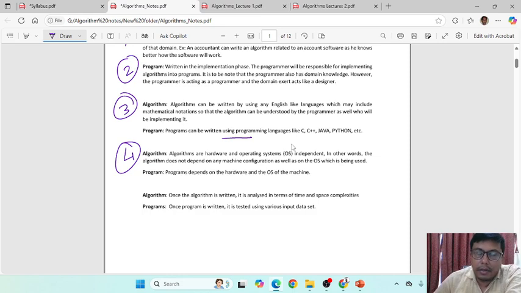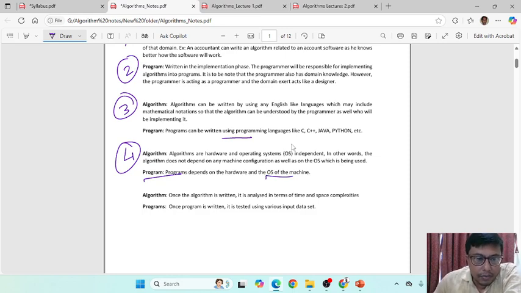In other words, the algorithm does not depend on any machine configuration or the OS installed on that machine. But a program is dependent on the hardware as well as the operating system installed on that machine.